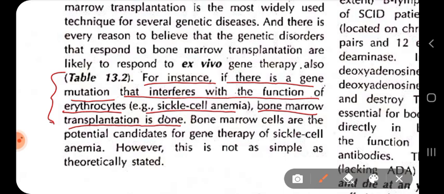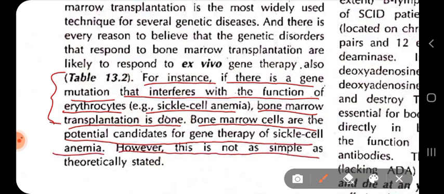And how to cure that sickle cell anemia? By introducing a bone marrow that will contain that correct gene, that normal, non-mutated gene. Bone marrow cells are the potential candidates for gene therapy for sickle cell anemia.